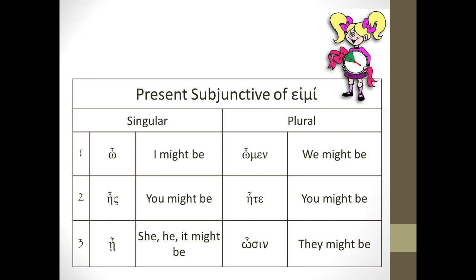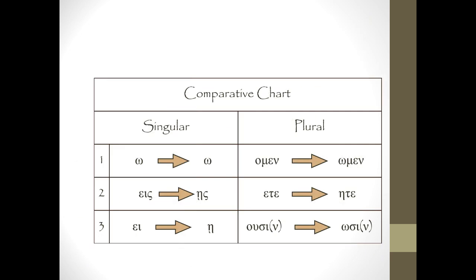Let's take a look at what's happened here. In the subjunctive, the verb endings that you learned on the left-hand side of the column in the singular, for instance o, eis, ei, okay, you see how they're spelled there. What's happened is we've merely had a lengthening going on. The omega in the first person singular is the same, but in the second person singular, where you had epsilon iota sigma, now we've got eta iota subscript sigma, and where you had epsilon iota, we now have eta iota subscript.